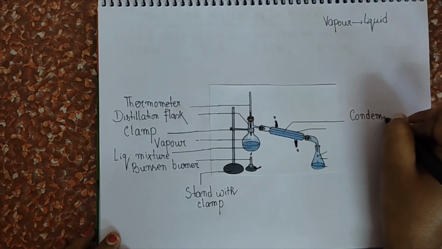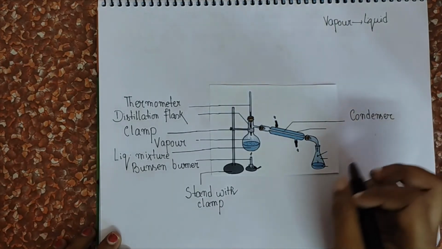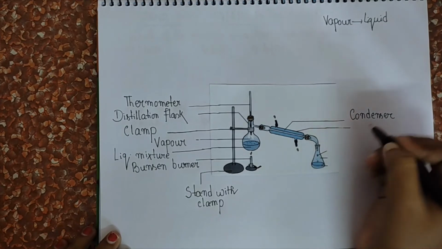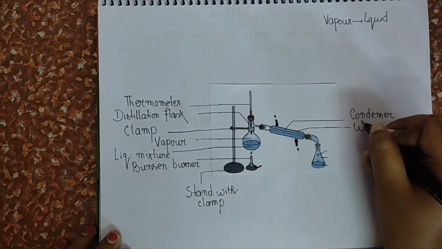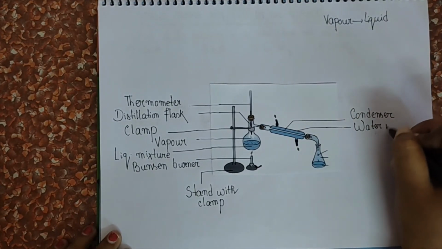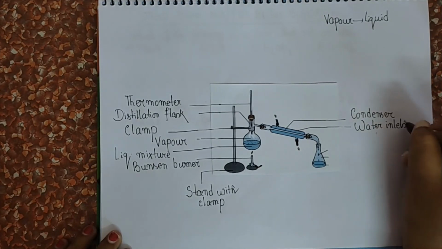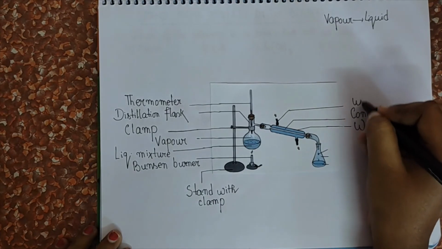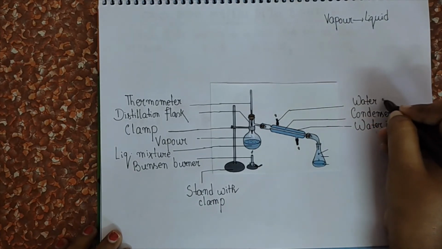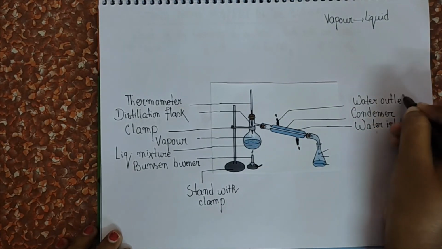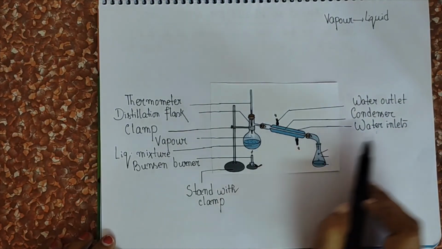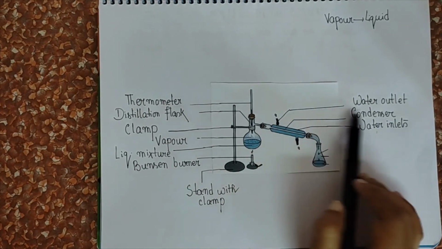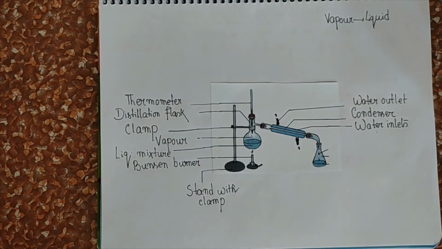This is the condenser. And what is this? Two pipes are there. Through this pipe is the water inlet, and this one is the water outlet. That means through this pipe water will enter the condenser to make it cool, and through this pipe water will go out of the condenser.